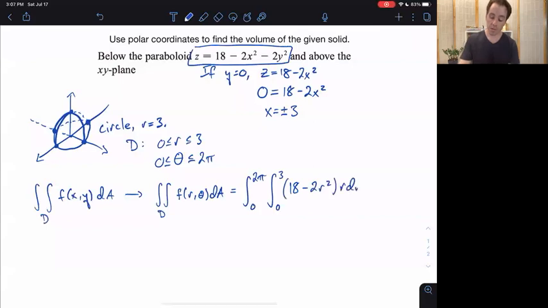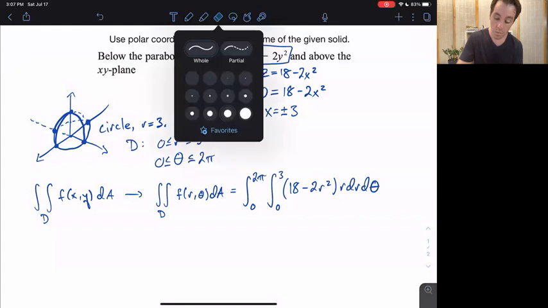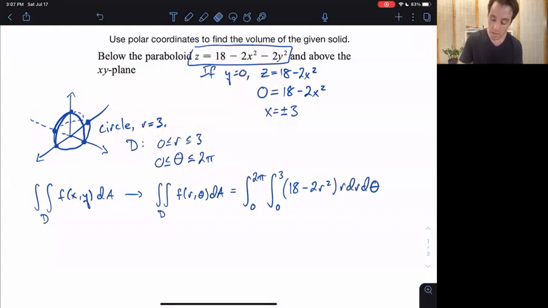Don't forget, though, r dr d theta, not simply dr d theta. If you don't include the r, it's wrong. Because this is already a polynomial in r, we can say that this is going to be included just by kicking this up to r and this up to r to the third.